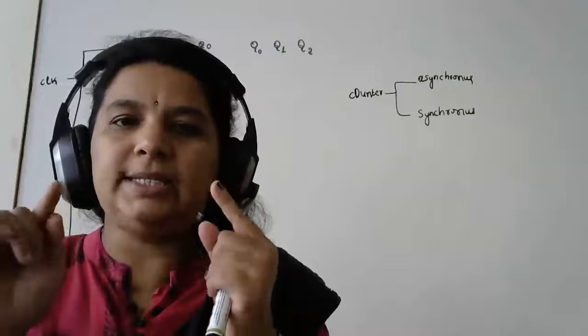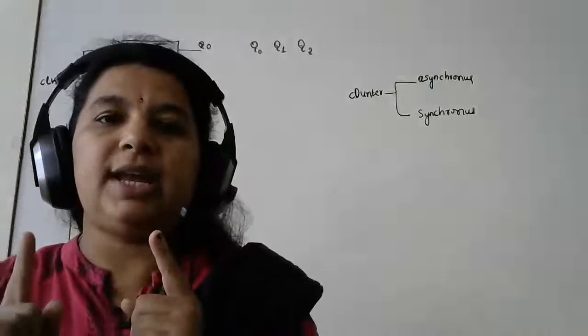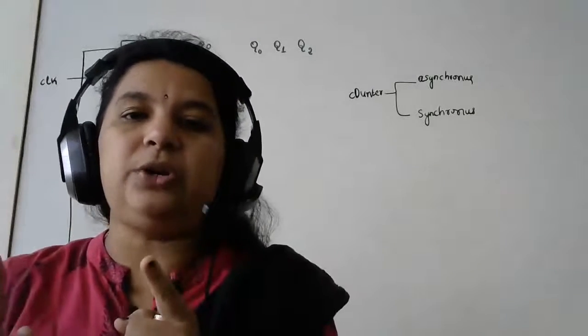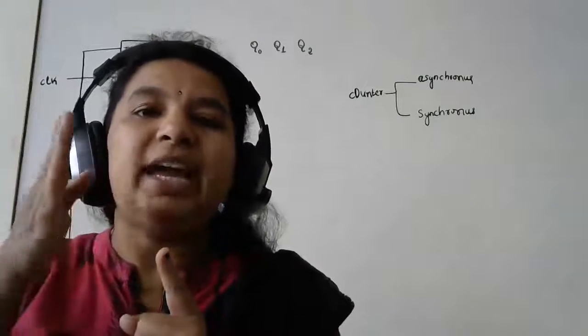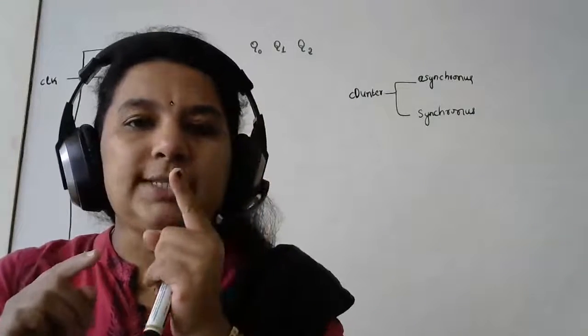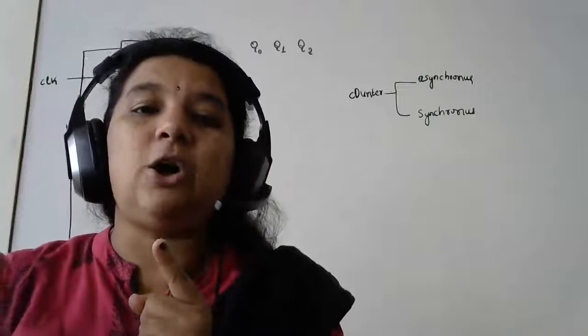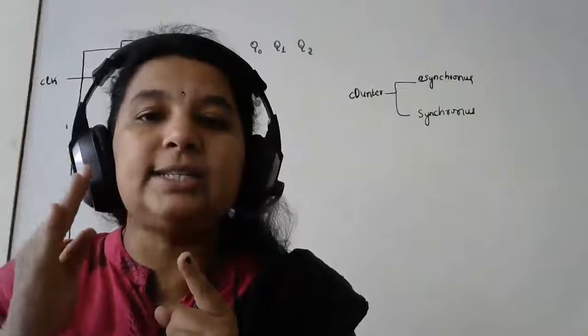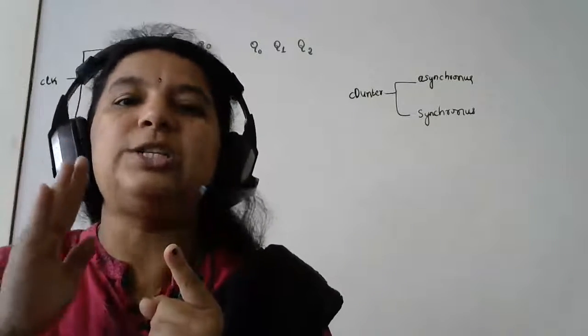With respect to digital system design, whenever I say it's an asynchronous circuit or asynchronous system, it means it is not having any gate. As soon as I apply an input, if I immediately get an output, then I call it an asynchronous signal, asynchronous system or asynchronous circuit.